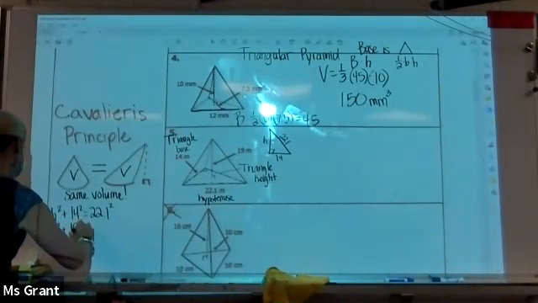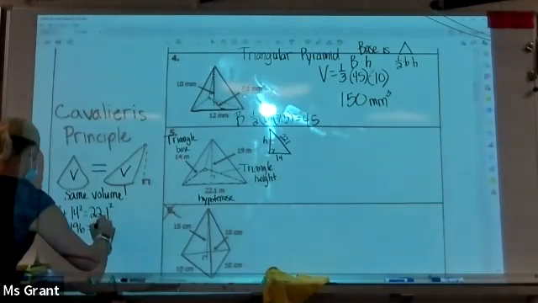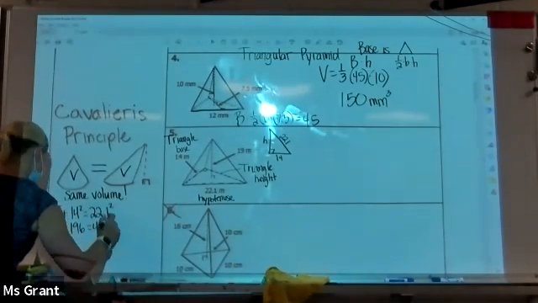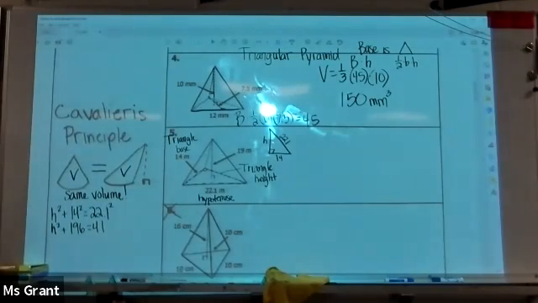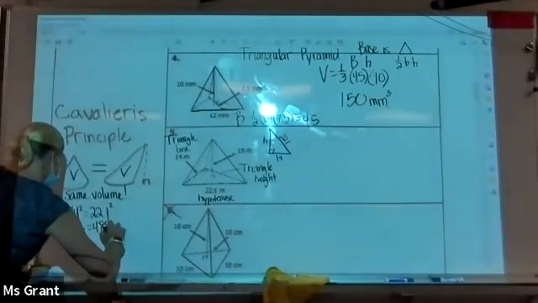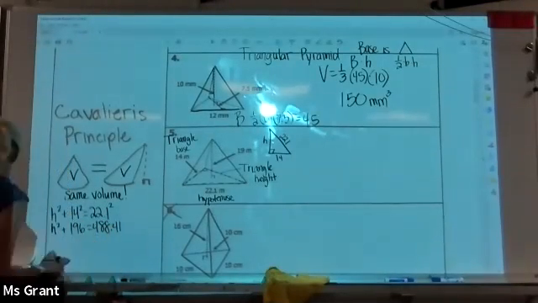H squared, 14 squared is 196. 22.1 times 22.1 is 488.41.